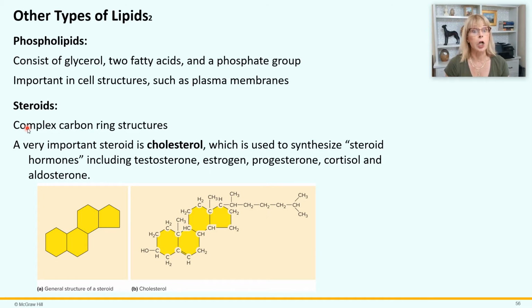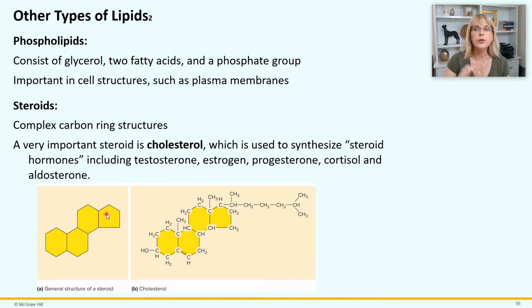They still have a lot more carbons than they have oxygens, so you'll always be able to tell them by their formulas. But here's carbon, carbon, carbon, carbon, carbon, carbon, and you can see it forms a hexagon, hexagon, hexagon, pentagon. That's the general structure of a steroid molecule. Why is it called a steroid molecule? I don't know. Chemists named it, so we'll have to ask them.